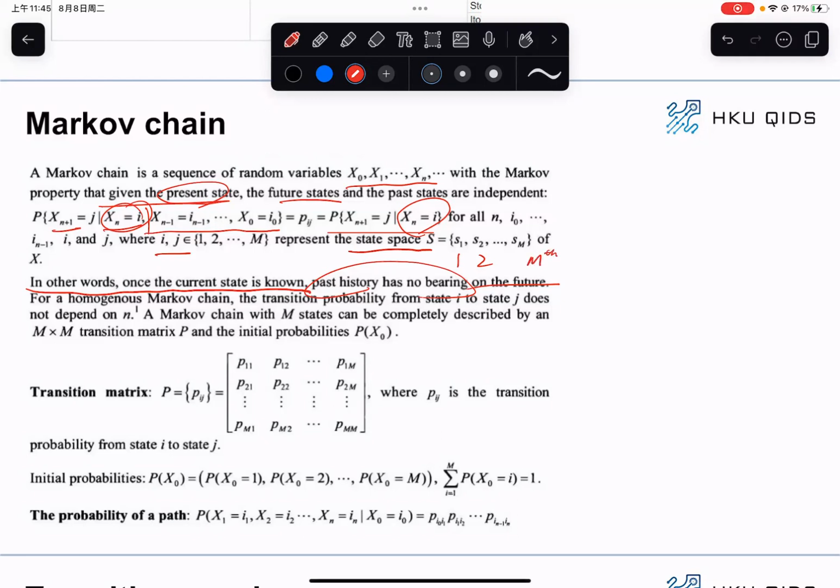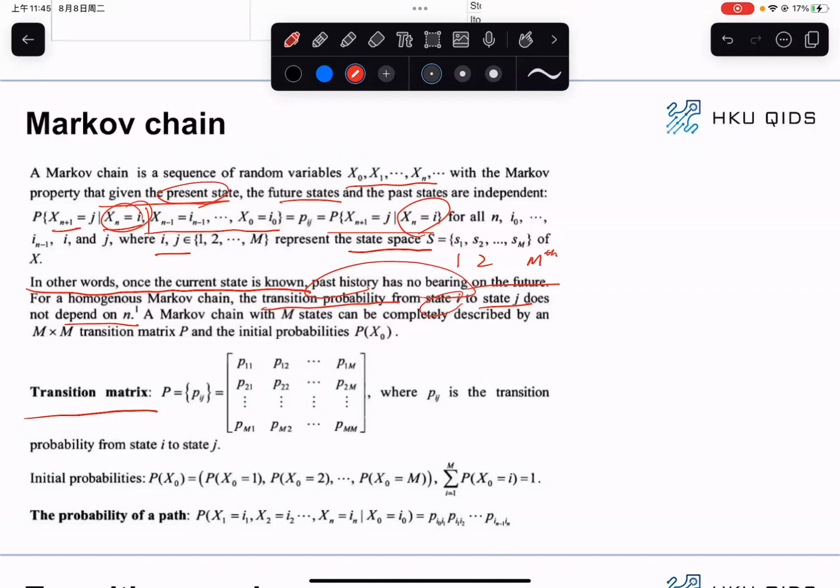Now the thing we are interested in is the transition probability, which is the probability from state i to state j, which does not depend on n. So we can write a transition matrix composed of all the different transition probabilities, Pij.